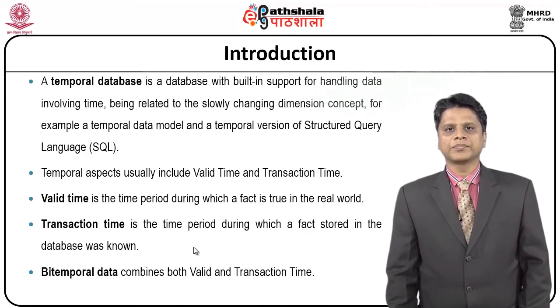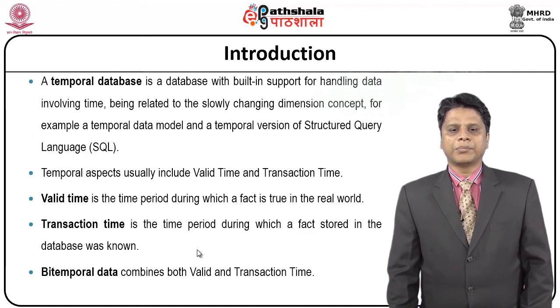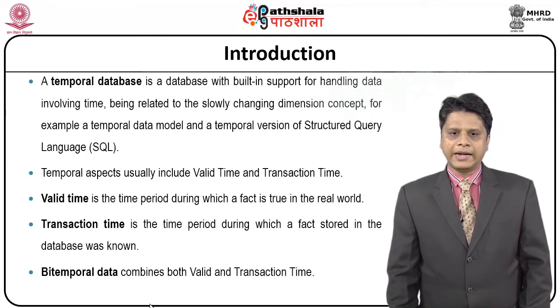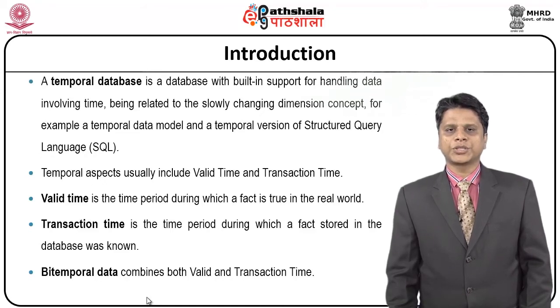But with bitemporal data we have both the valid and transaction time associated. Thereby we can distinguish when a specific operation has been done, or when a specific time period of a particular fact has been valid.